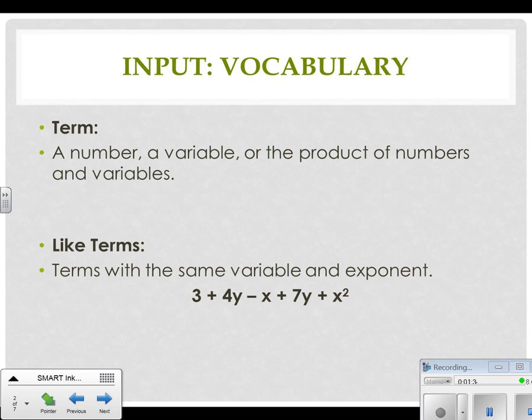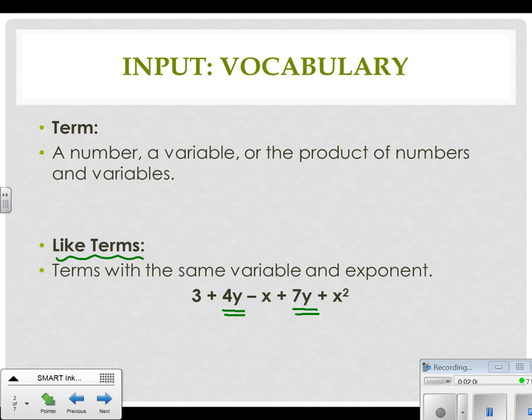Now in these 5 terms, we could put 2 of them together, which means we can combine them in math. That would be adding or subtracting. If we look at these terms, 4y and 7y are like terms. Going back to what like terms are, it's where you have the same variable and the same exponent. We have a y, which here is raised to the first power, you just don't see it, and another y.